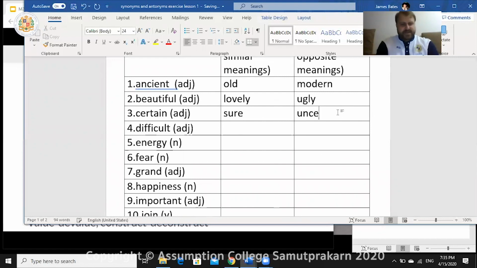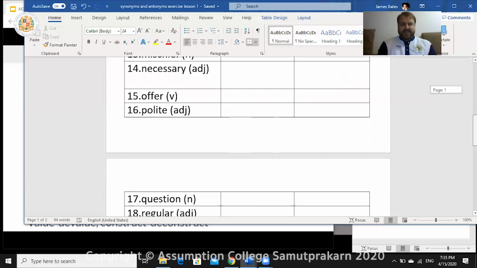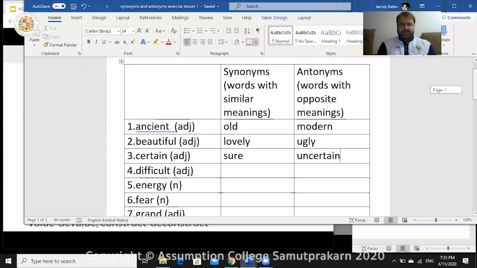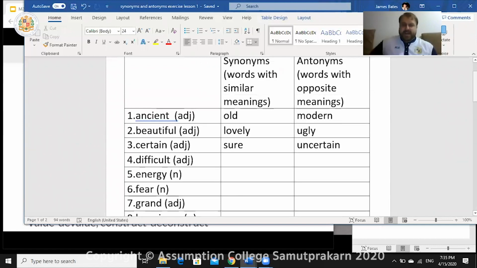Okay, so your exercise is to complete the rest of these. Okay, 16 more to go. So there's 19 altogether. Do the other 16 on your own. Okay, write down a synonym and antonym.